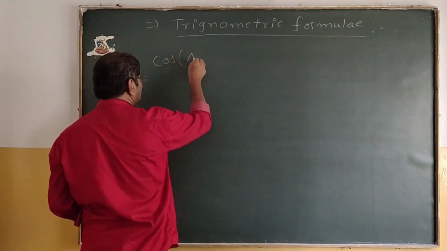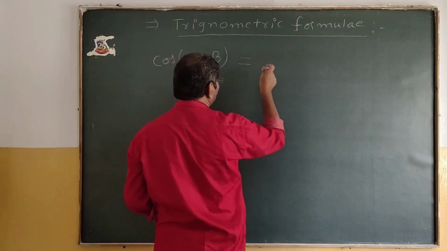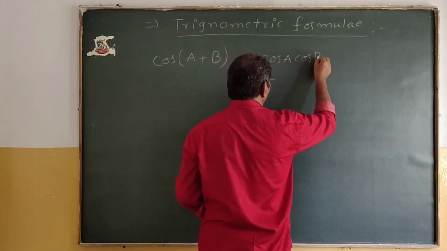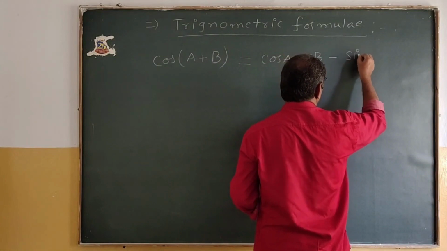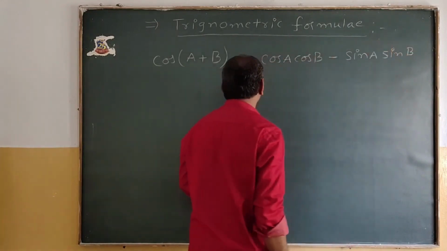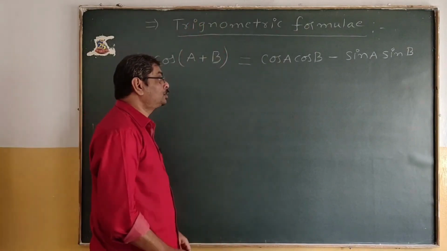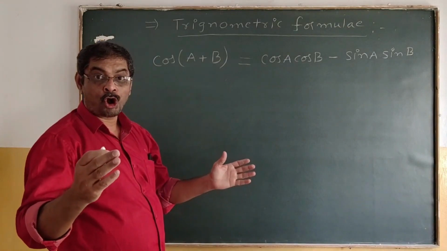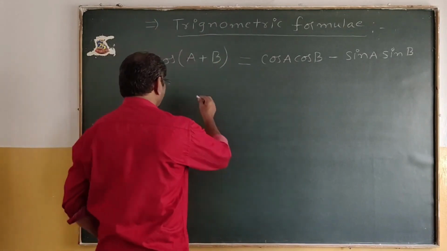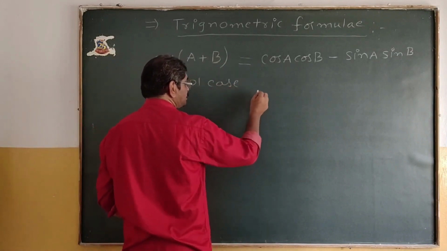Cos of A plus B will be equal to cos A into cos B minus sin A into sin B. Now once again I am taking a special case.